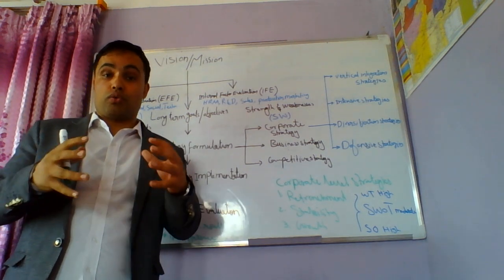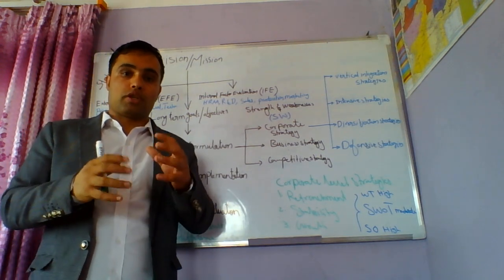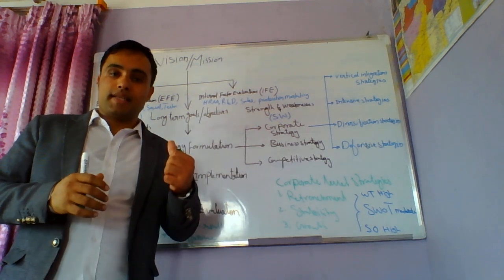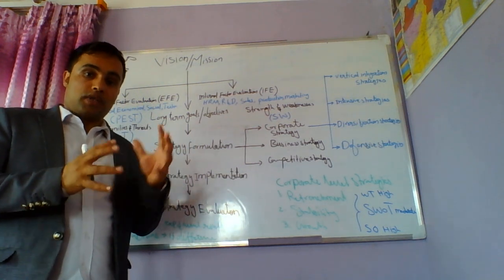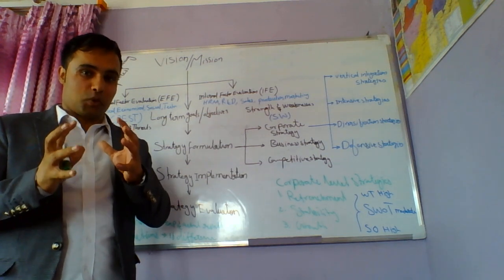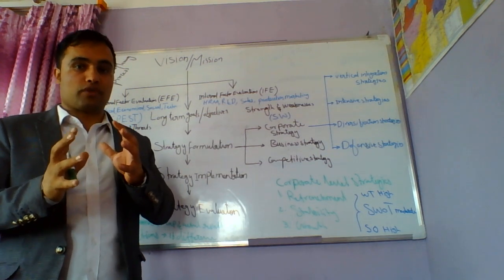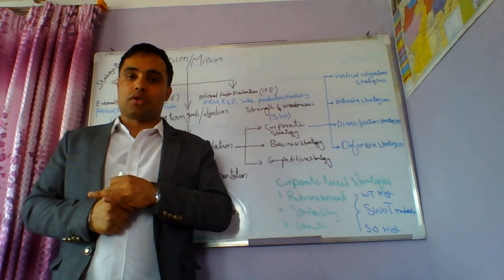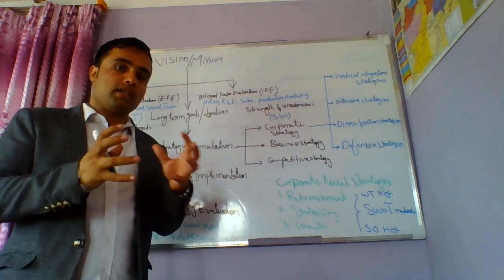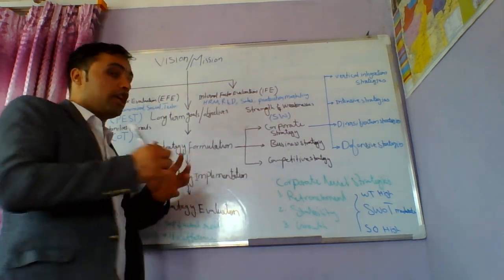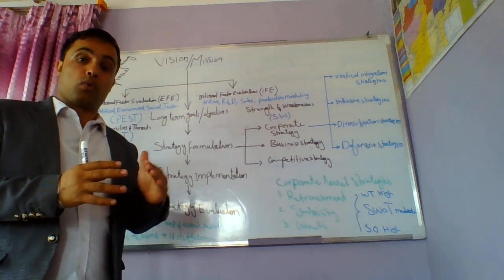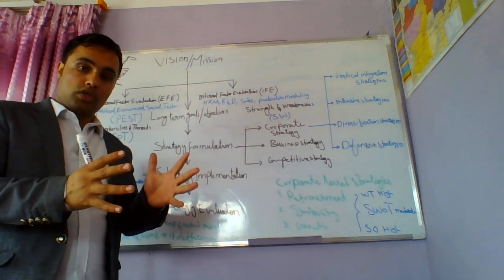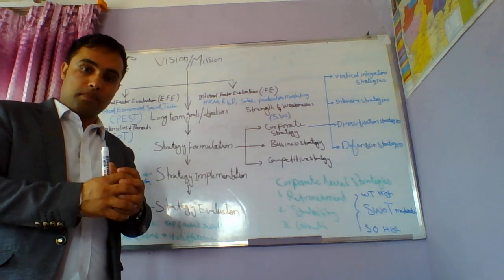Then you are going to compare your strengths and weaknesses with threats and opportunities, which is the SWOT analysis. You might have heard of SWOT analysis. You have to calculate and weight them. Each and every factor of the strengths and weaknesses will be weighted, and in conclusion you have to summarize them.